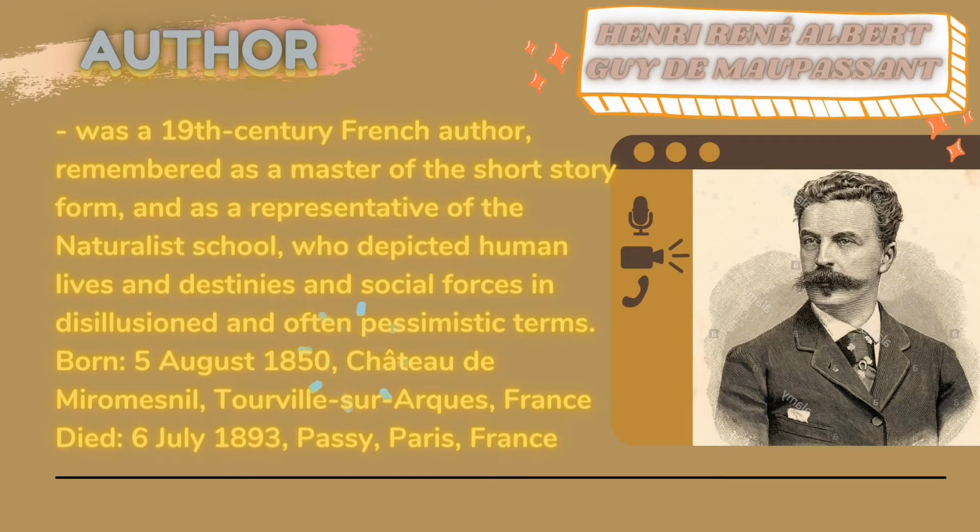He was born on the 5th day of August in the year 1850 in Château de Miromesnil, Tourville-sur-Arques, France, and died on the 6th day of July in the year 1893 in Passy, Paris, France.